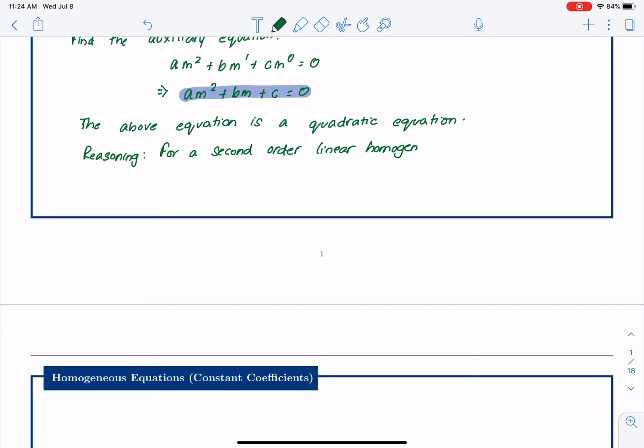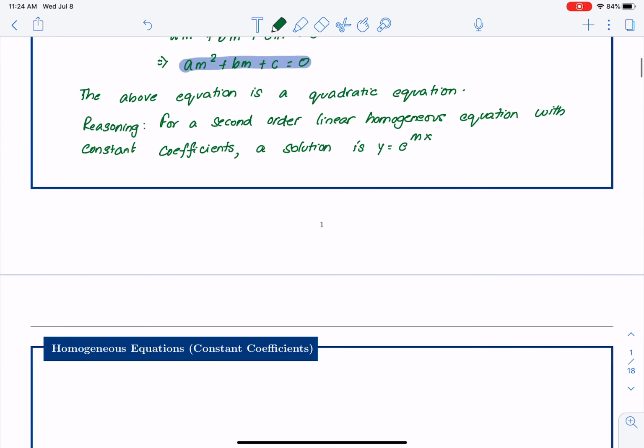For a second order linear homogeneous equation with constant coefficients, a solution is y equals e raised to m times x. That is theoretically proven. So if we have a second order linear homogeneous equation with constant coefficients, then a solution is definitely going to be of the form y equals e^(mx).